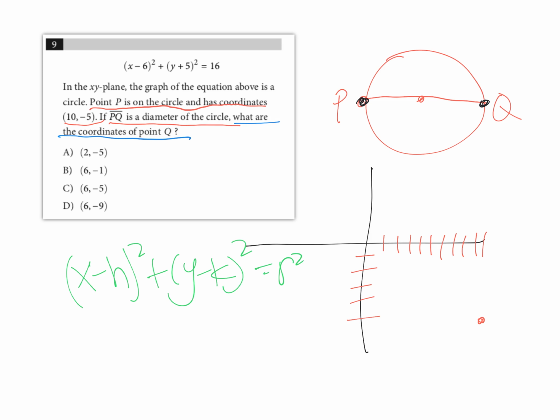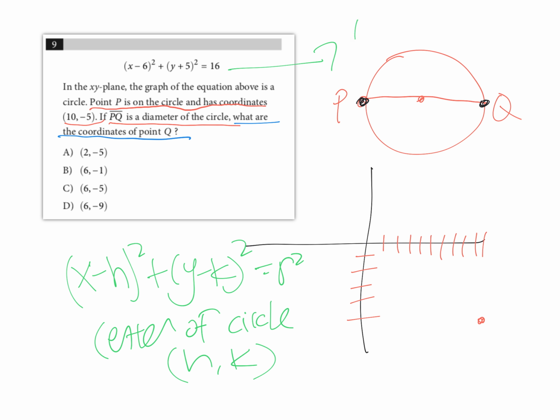Then (h, k) is the center of your circle. So the center of the circle here is pretty simple: in this problem, the center is at (6, -5). I'll label that (6, -5).